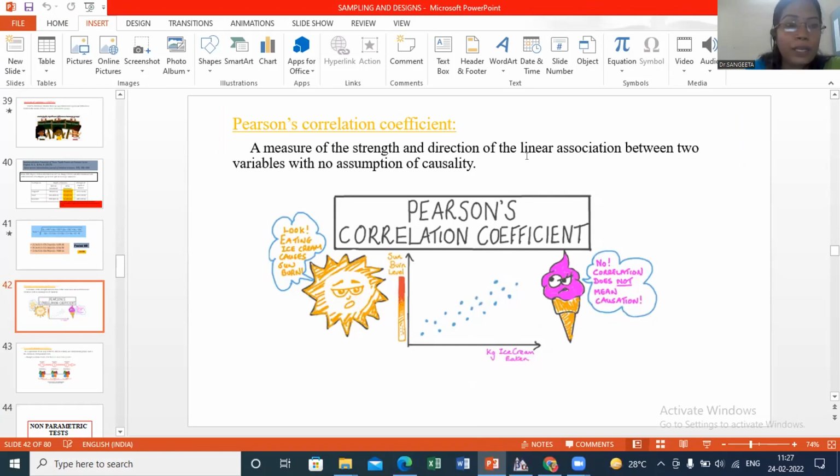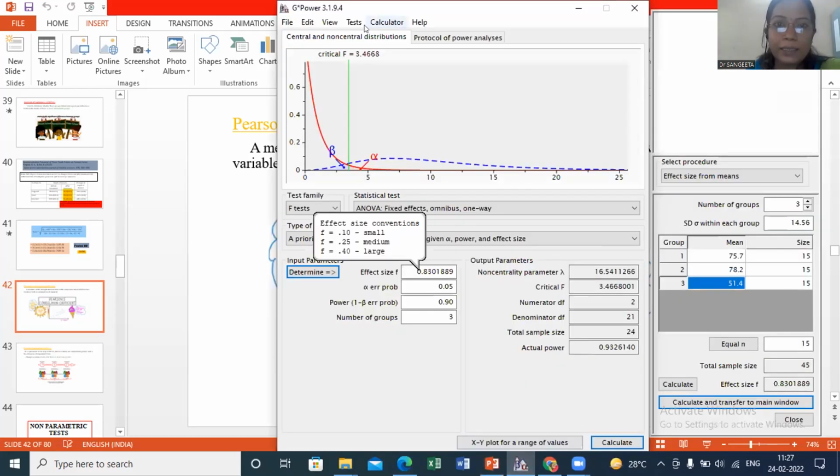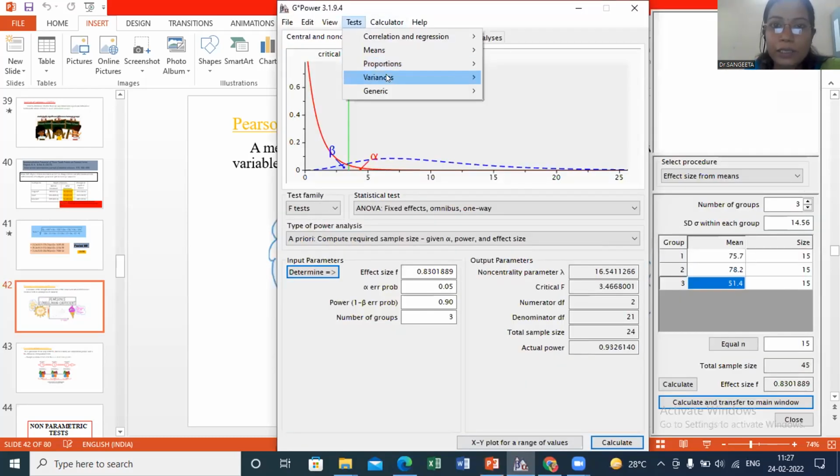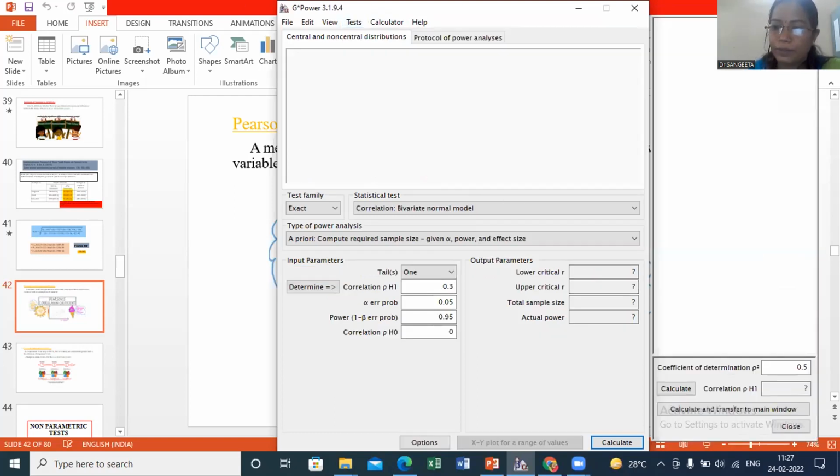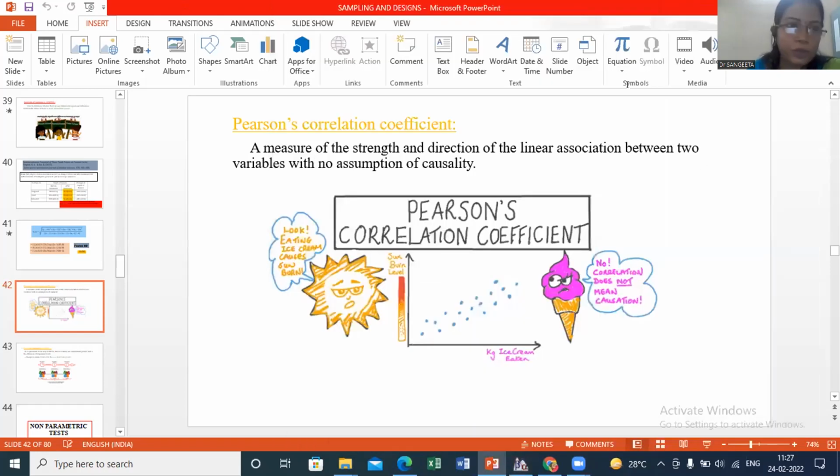Again, the correlation value you can directly obtain from your key article and just enter here. Just go for test, correlation, bivariate, and you just put your correlation value. That's it, and it will calculate. So I've restricted myself to the most commonly employed tests here.